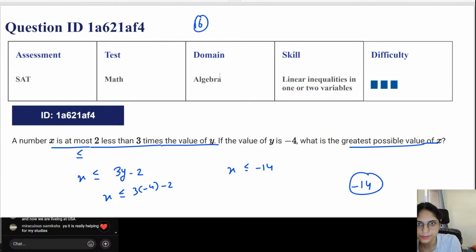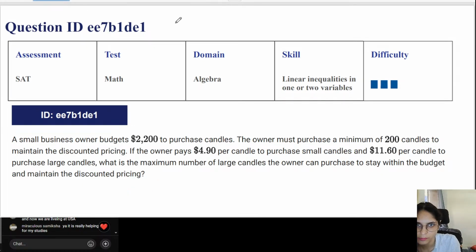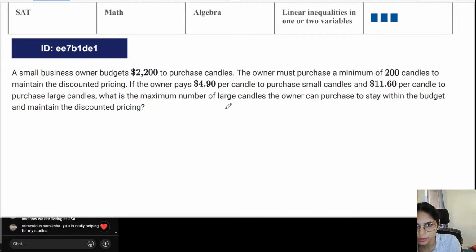Question number 21. So budget means less than or equal to. Now the owner must purchase a minimum of 200 candles. So minimum means greater than or equal to.